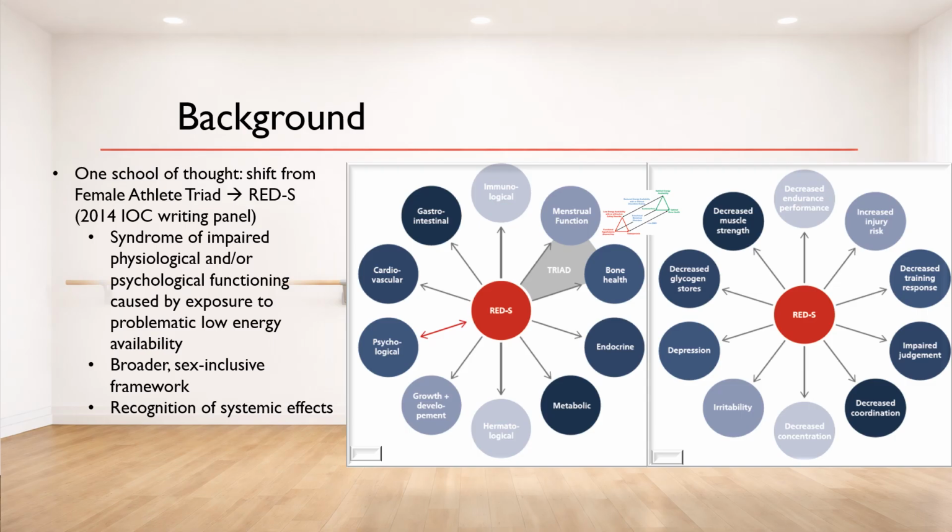There's been decades of research behind this concept of the athlete triad and robust consensus about the interrelation of these factors. In 2014, the International Olympic Committee, the IOC, was tasked with updating their position statement on the female athlete triad.